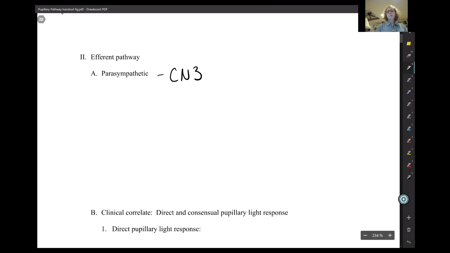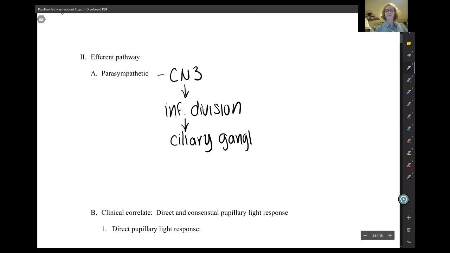These fibers follow cranial nerve 3 to the inferior division once it's in the orbit. And then from the inferior division, it travels to the ciliary ganglion, and then through the short ciliary nerves to the iris sphincter.